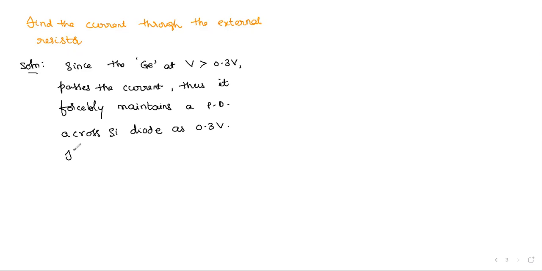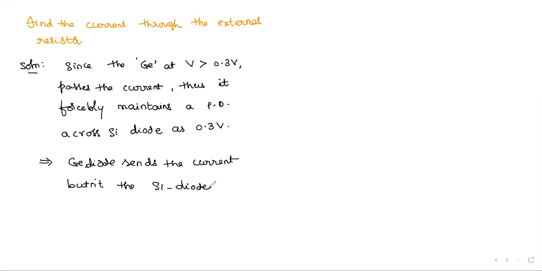Thus, that implies the germanium diode sends the current, but not the silicon diode. Okay. So if you understood this point here, I can move to the next point. So any arguments, Nana?